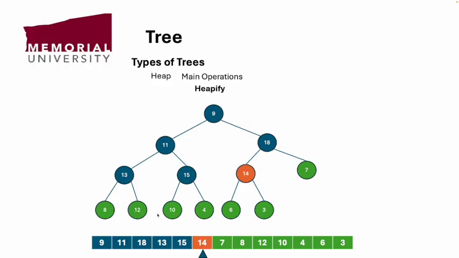Now we move to 14. If you want to build the min heap, we need a simple swap, because it builds the relation between parents and children. If you want to build a max heap, you compare whether it's greater or not; for the min heap, you compare whether it's less or not.